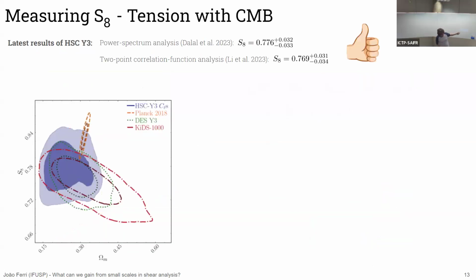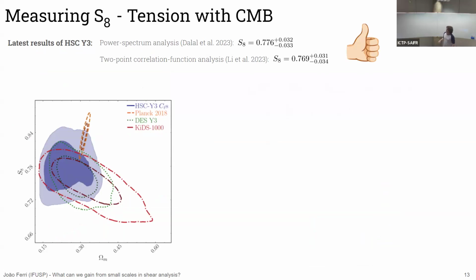So for example, if you take HSC, which had this problem, in 2023 they did the analysis in both spaces using these consistent scale cuts, and then the S8 values became pretty compatible, like 0.1 sigma with respect to each other.